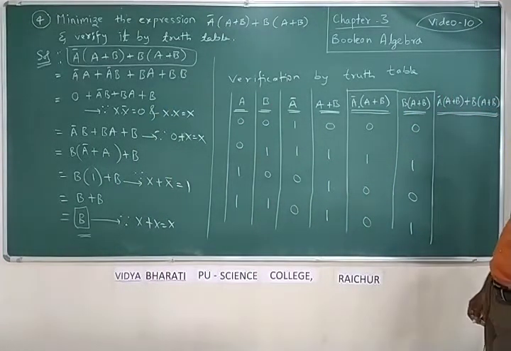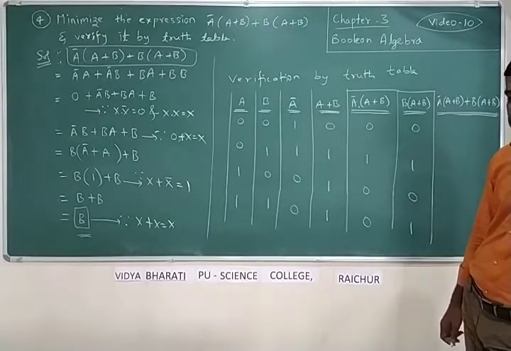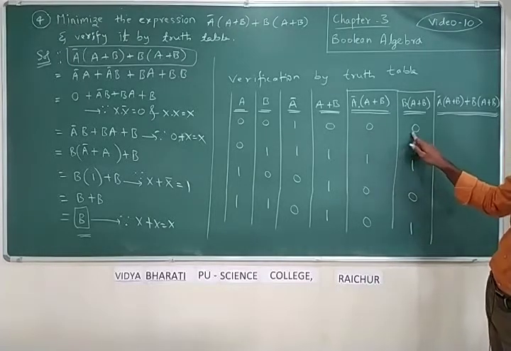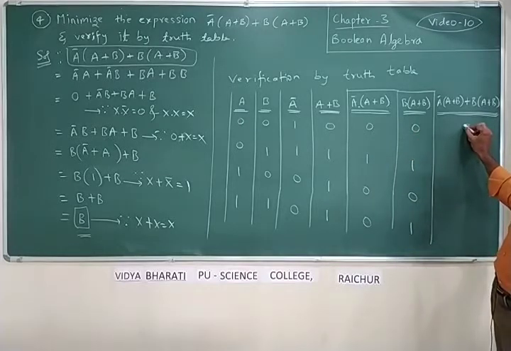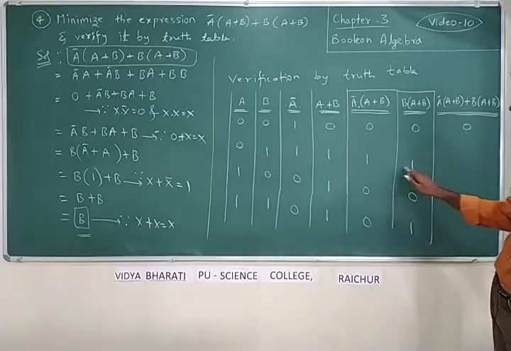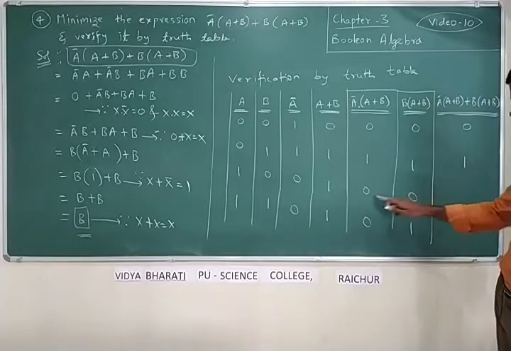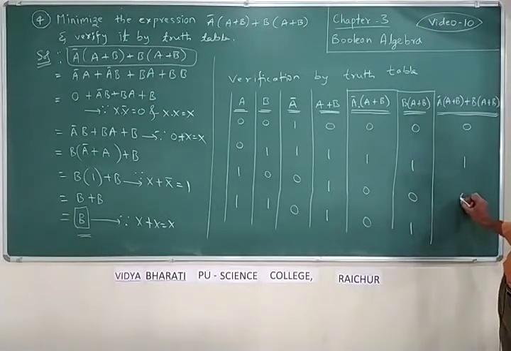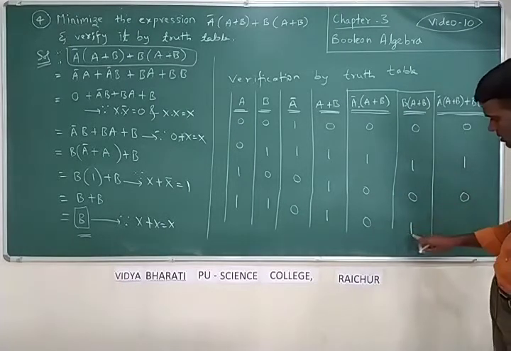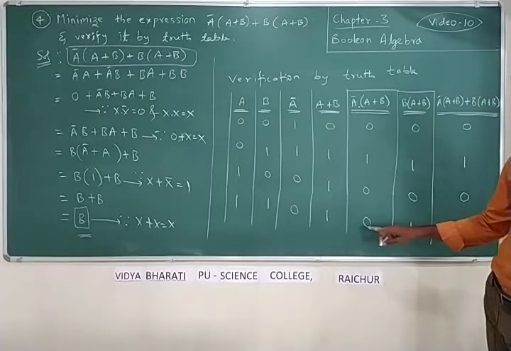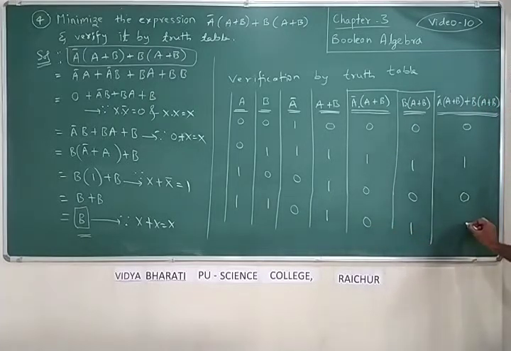OR operation means only when both are 0 is it 0. So in the first case both are 0, so we write 0 here. Here the answer is going to be 1. Here both are 0, so it is 0. Here both are not 0, so we write 1.